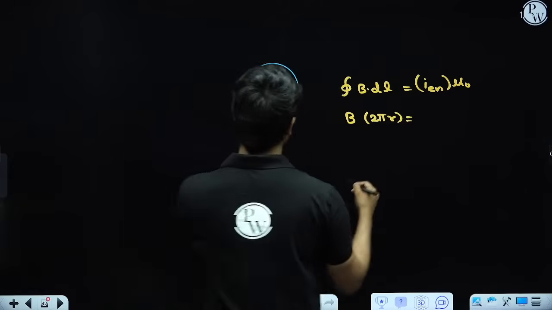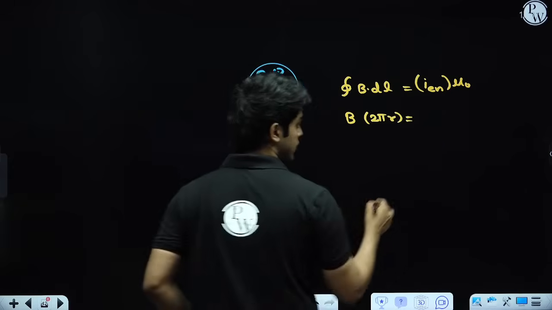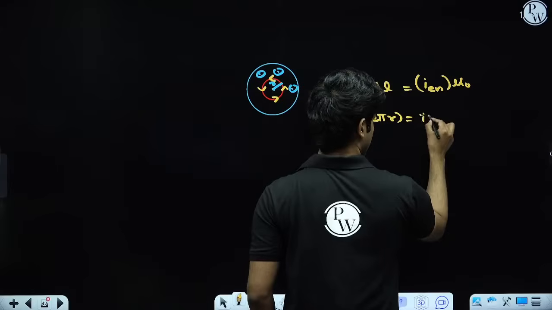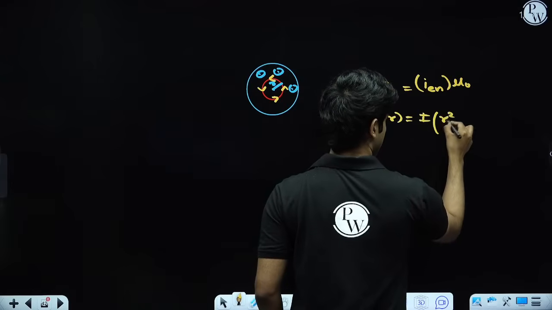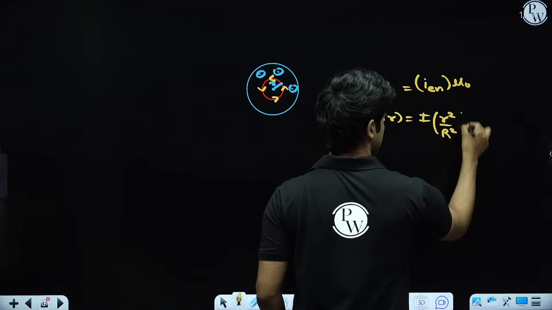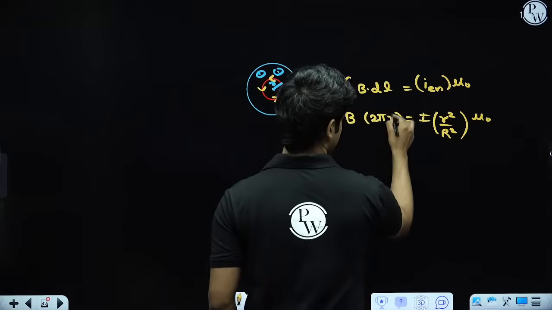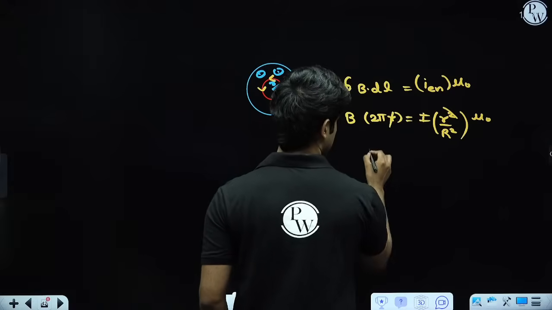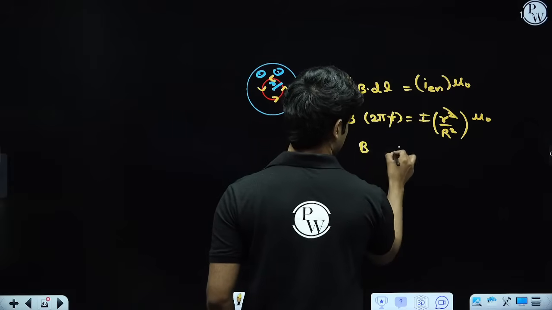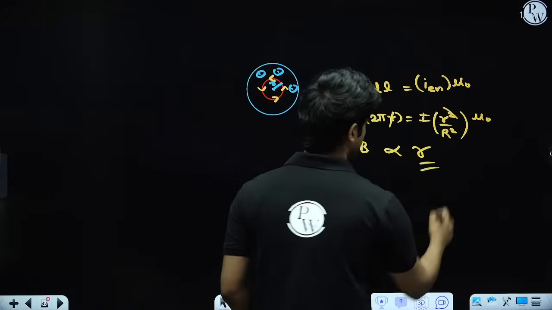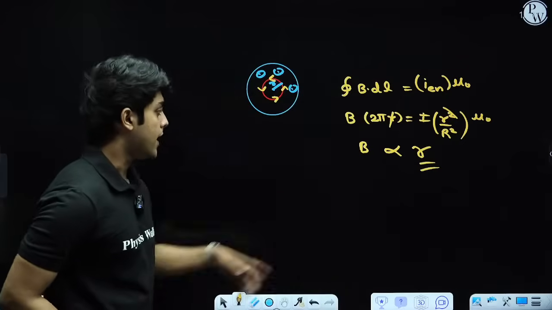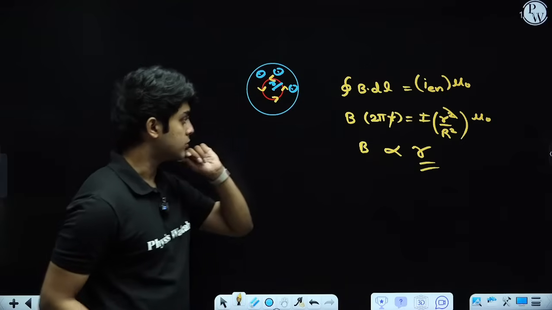This equals the enclosed current, which we mentioned earlier is I small r square by capital R square, times mu naught. From here we cancel out one r and we get the magnetic field proportional to small r. The magnetic field varies directly proportional to r.